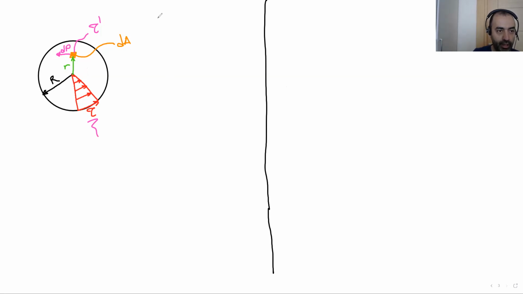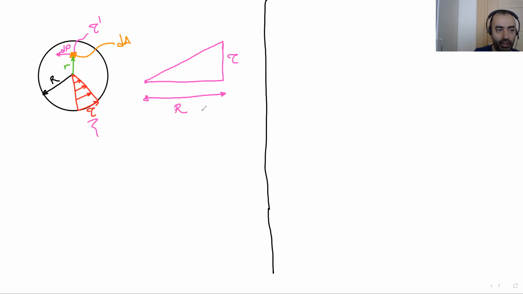So if I draw a sketch here like this, this is the center point, and here is the maximum stress location. So the distribution is linear, as you can see. It starts from 0 and goes to maximum, which is tau. That occurs on the perimeter, where the radius is R.